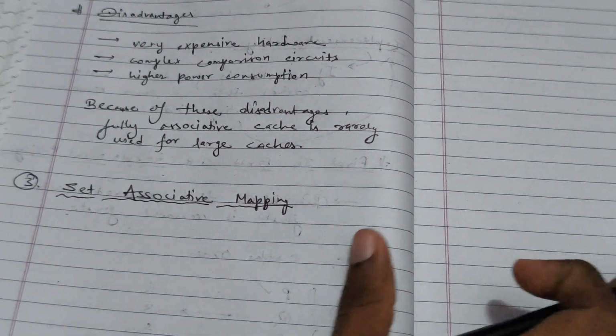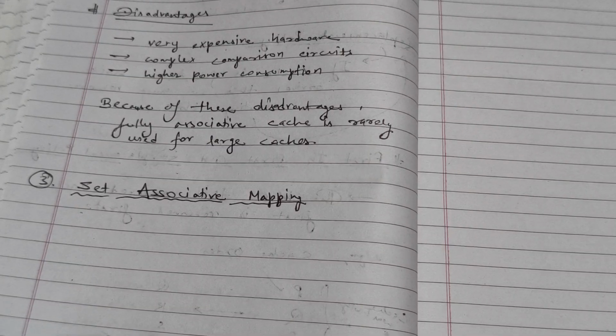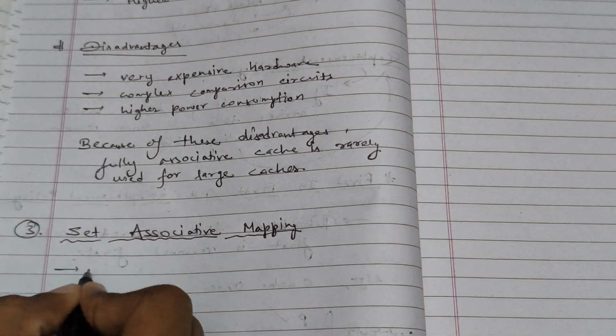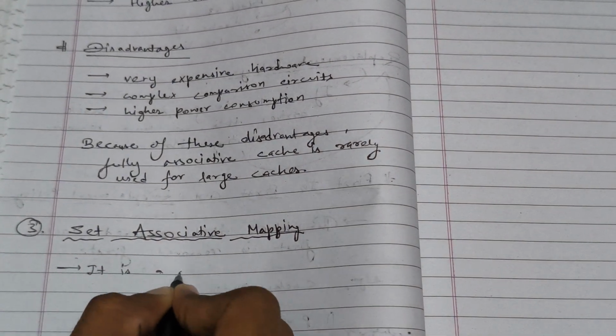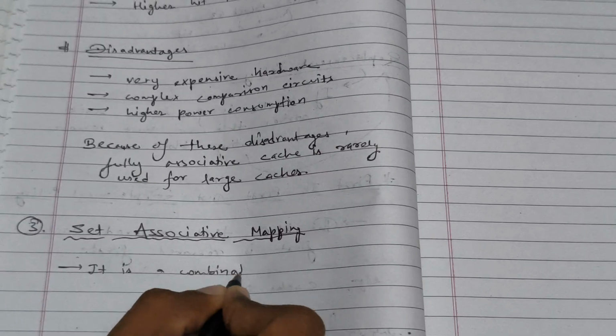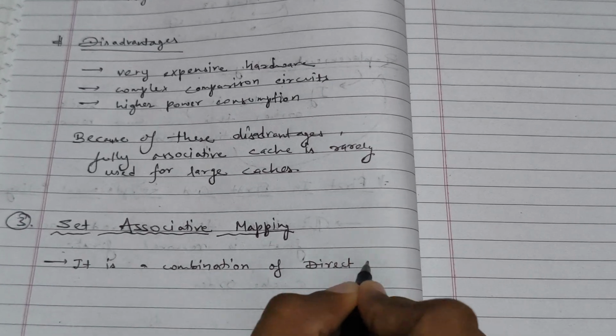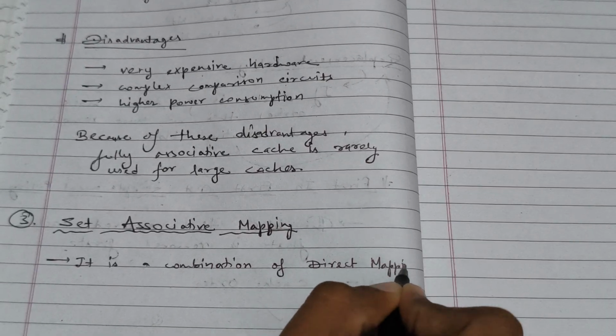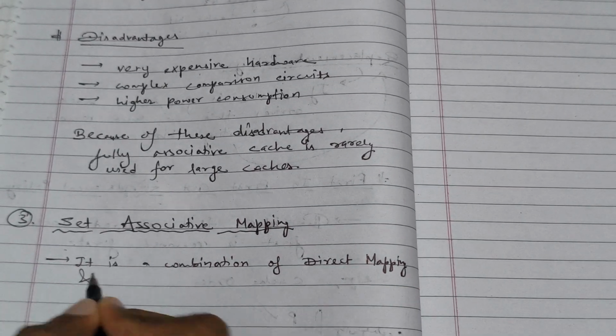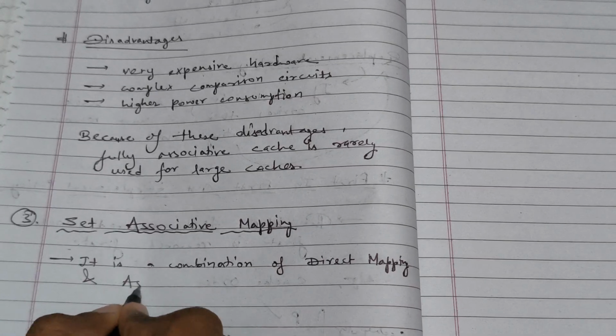It uses concepts from both, so we can consider it a combination of the previous two techniques, which are direct mapping and associative mapping.